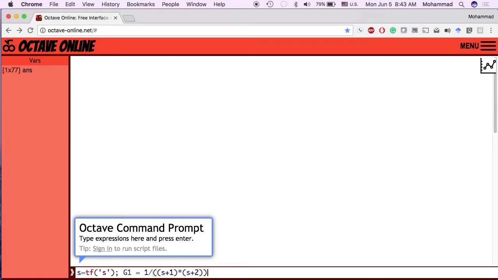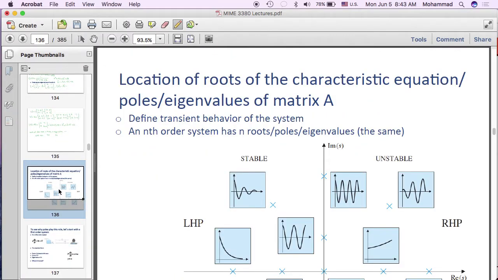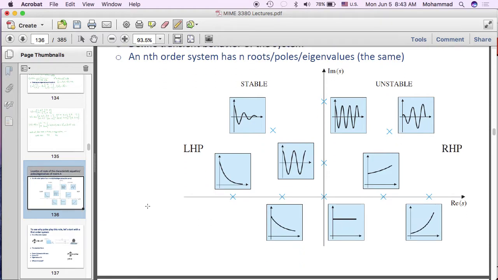So what do you expect the nature of the transient response, of the step response, to be? What we need to do is go back to this picture and remind ourselves that if the poles are real and negative, of course, these are impulse responses, not step responses. And we are going to find the impulse response of that system for consistency.